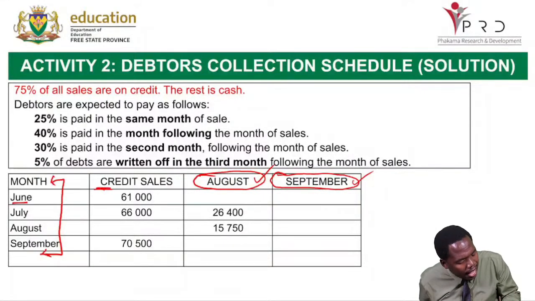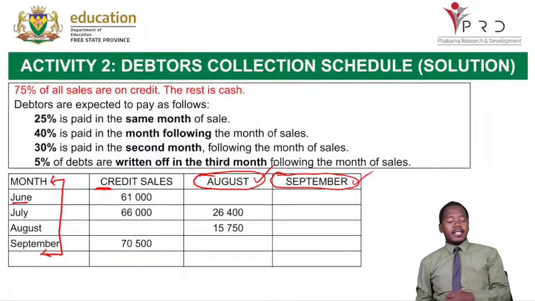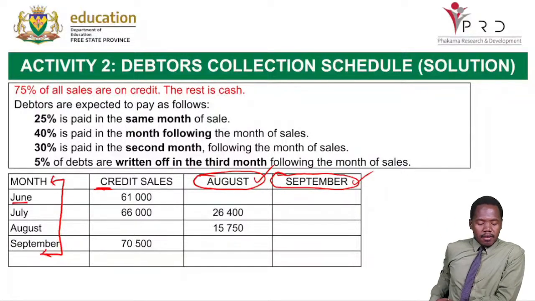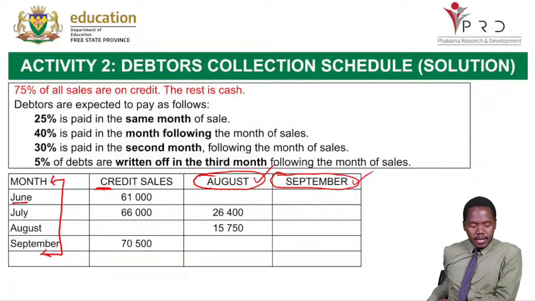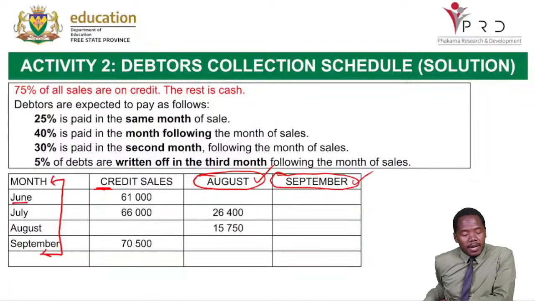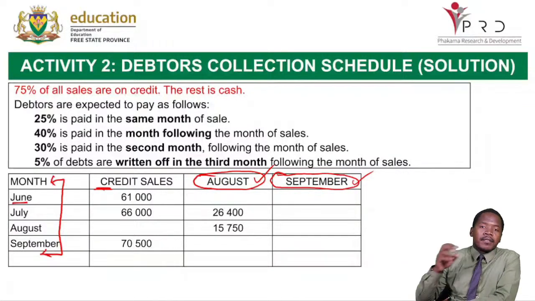Already, we are fortunate because they've calculated credit sales for us. We have our credit sales. If we have our credit sales, then we can start working.